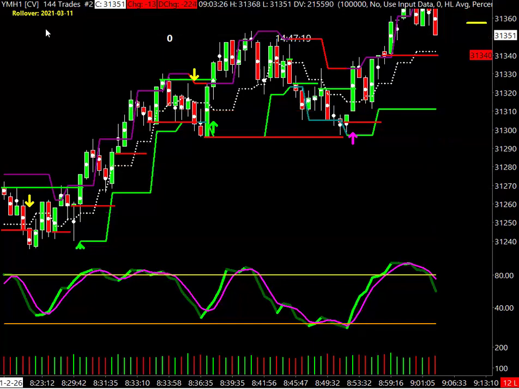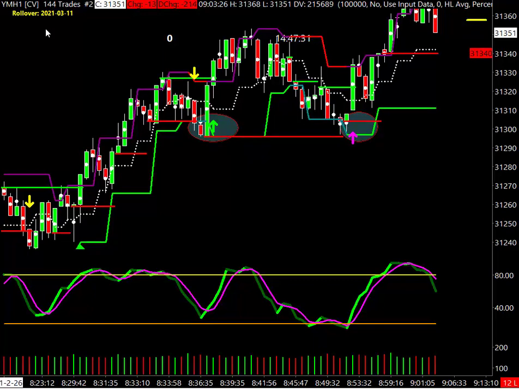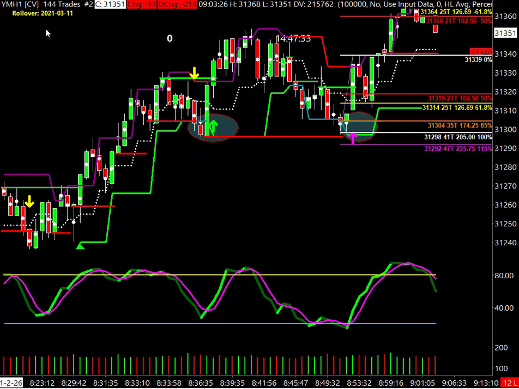We can already see we were green and magenta underneath us, telling us that our support was there as well. Also, now look at the nice little pullback, a perfect 61.8 right there on our second hook up.